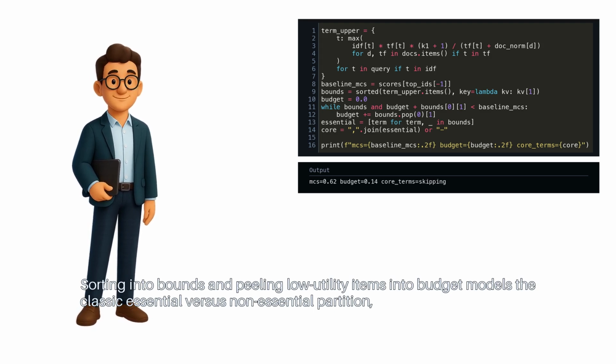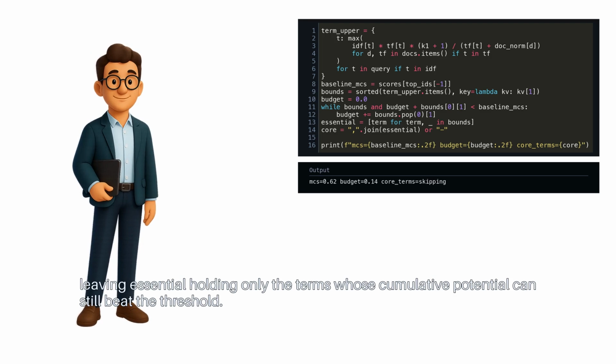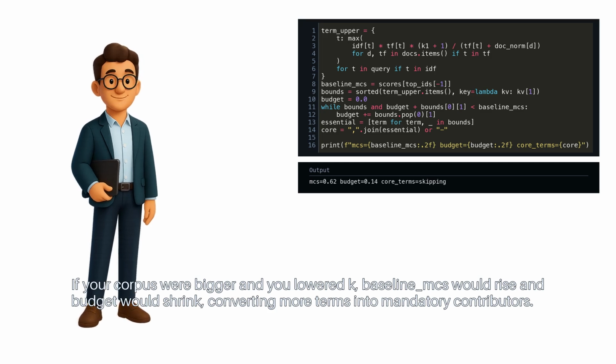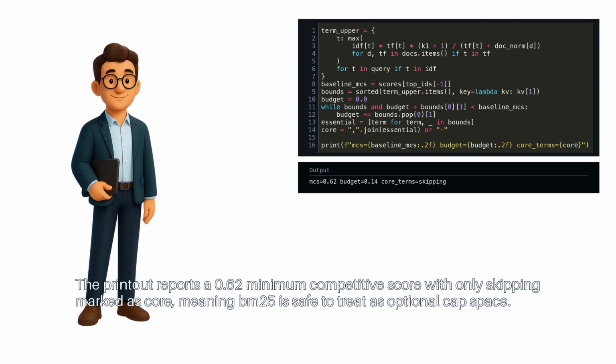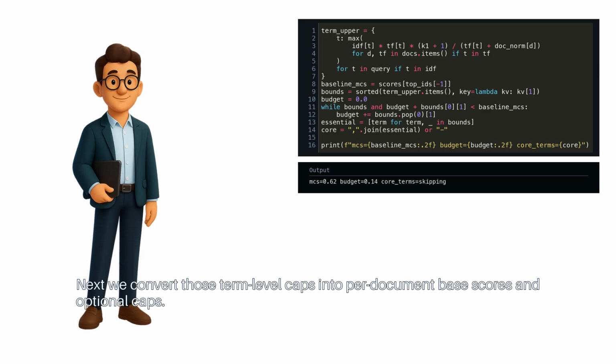The classic essential versus non-essential partition, leaving essential holding only the terms whose cumulative potential can still beat the threshold. If your corpus were bigger and you lowered K, baseline MCS would rise and budget would shrink, converting more terms into mandatory contributors. The printout reports a 0.62 minimum competitive score with only skipping marked as core, meaning BM25 is safe to treat as optional cap space.